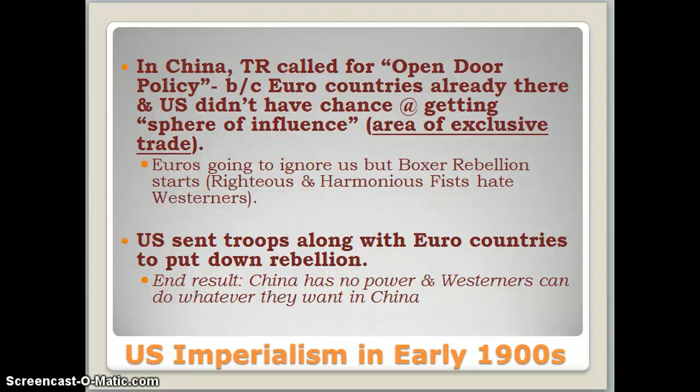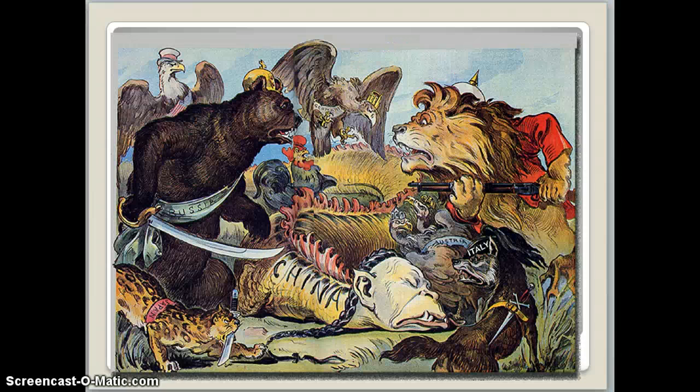Well, they were going to continue ignoring us, except that there was a group of Chinese nationalists called the Boxers. Well, we called them Boxers. They called themselves the Righteous and Harmonious Fists, which is an awesome name if ever I heard one. They hated Westerners. They hated the fact that the Western powers had carved up their nation and could force the Chinese government to do whatever they wanted.